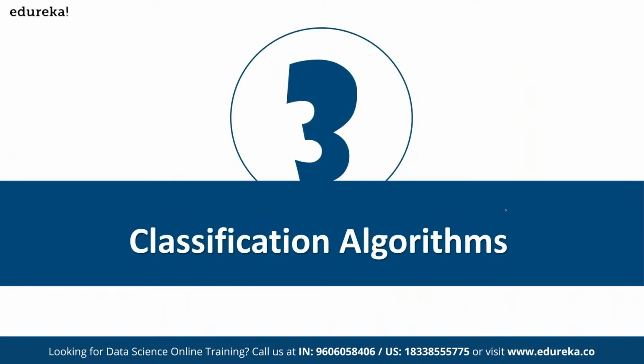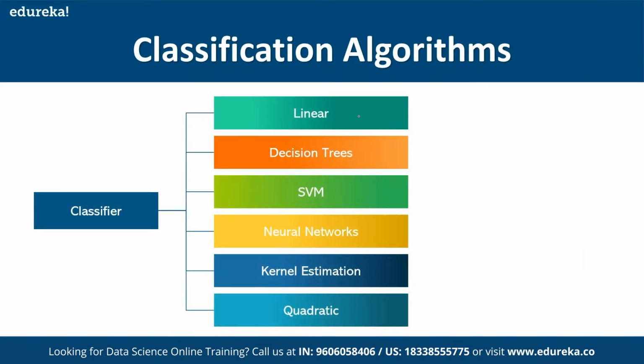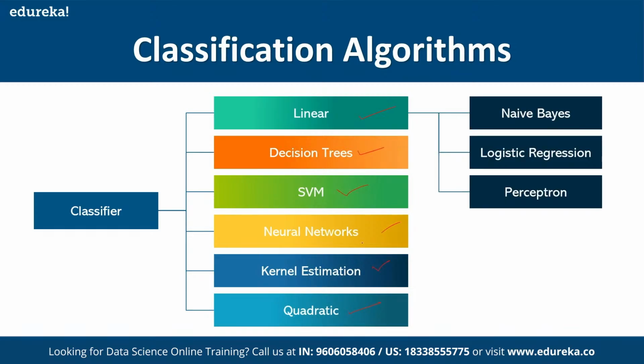Now, which are the classification algorithms? So now you know which kind of problem you are going to face today. You're trying to solve a classification problem. So first you need to know what tools or algorithms are available to solve classification problems. They are linear, decision trees, support vector machines, neural networks, kernel estimation, and quadratic.